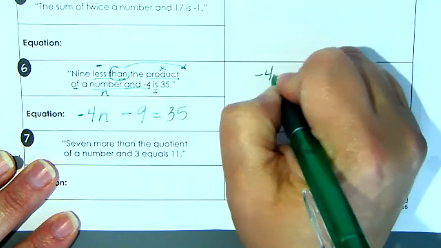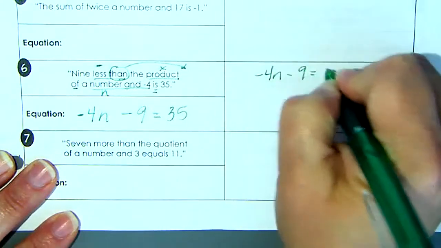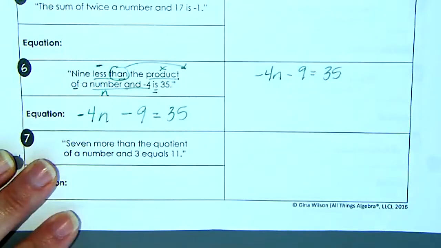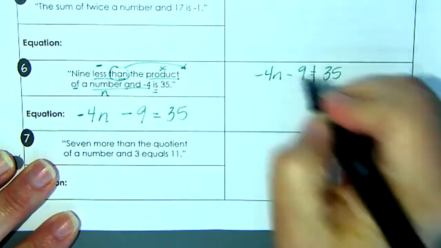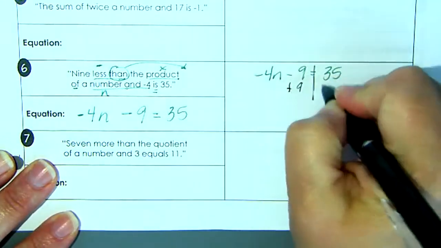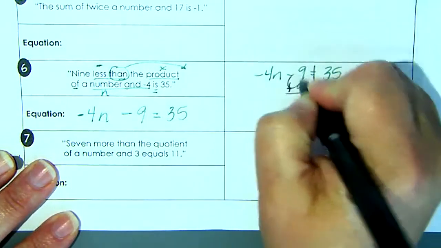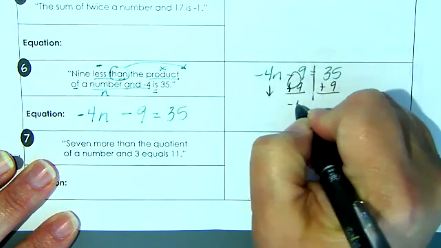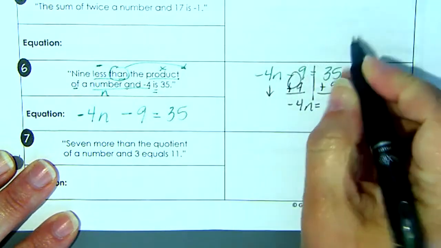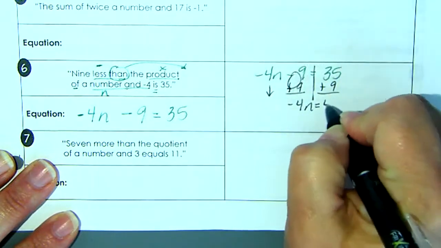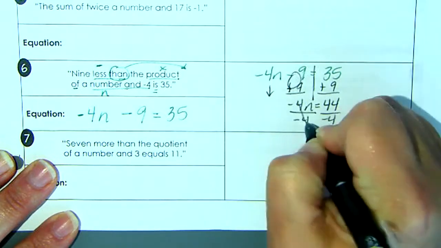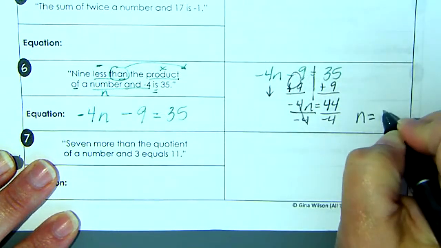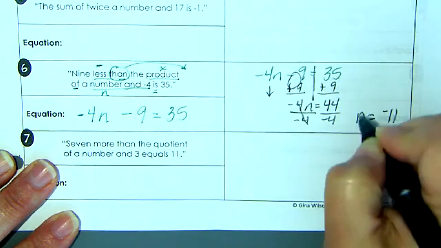So I have -4n minus 9 equals 35. And now I solve. Equation wall. I'm subtracting 9, so I add 9 to both sides. That zeros, we bring it down, and I have -4n equals 44. Divide by -4, and n equals -11.